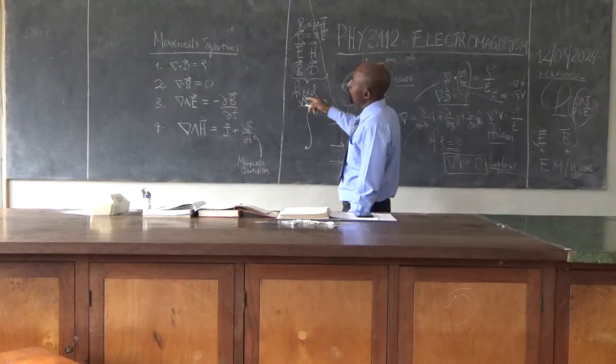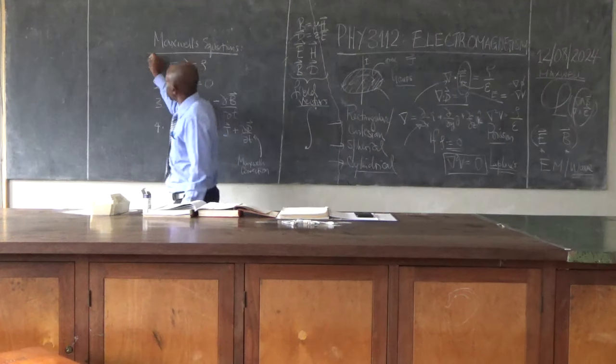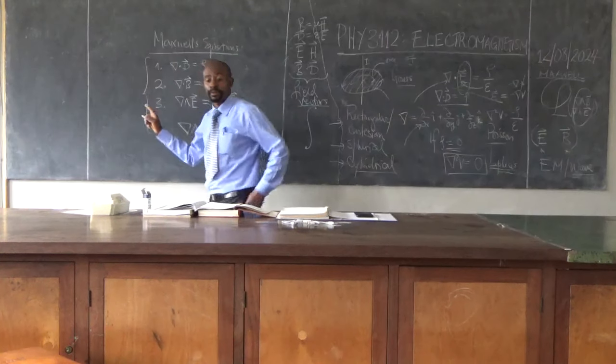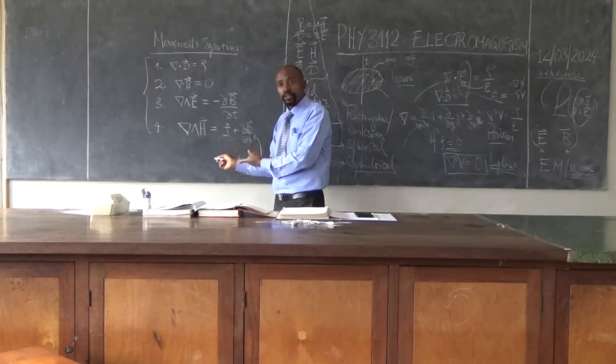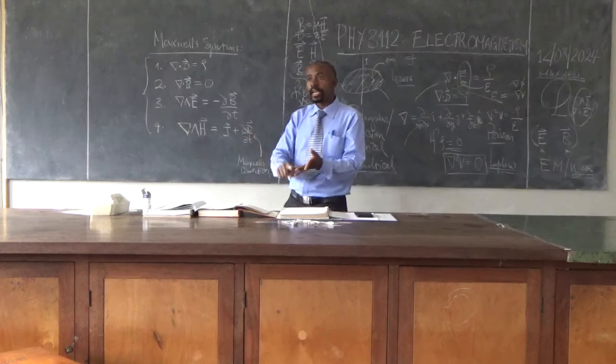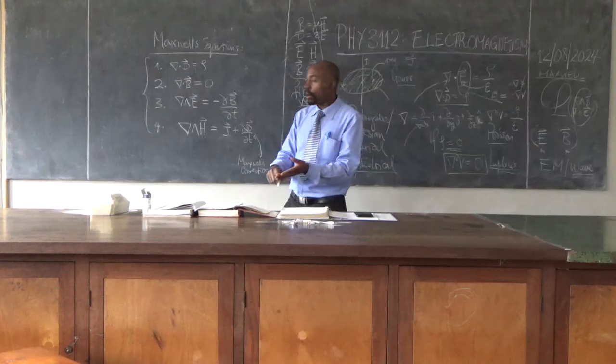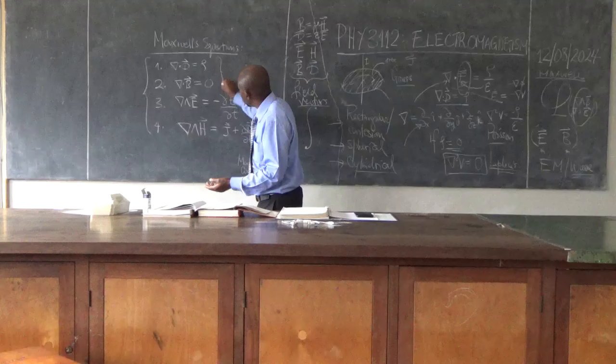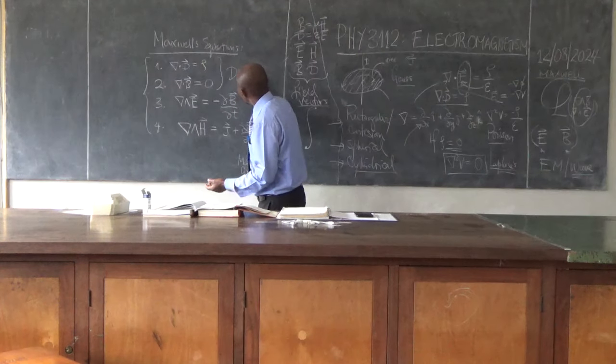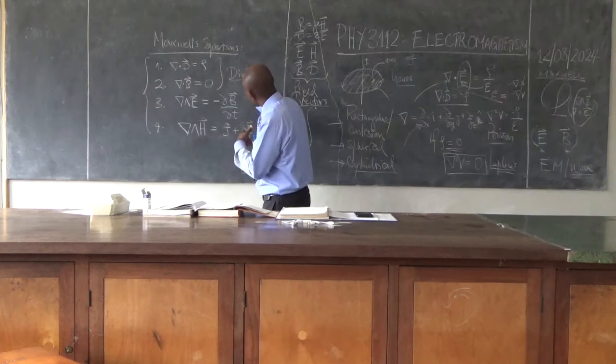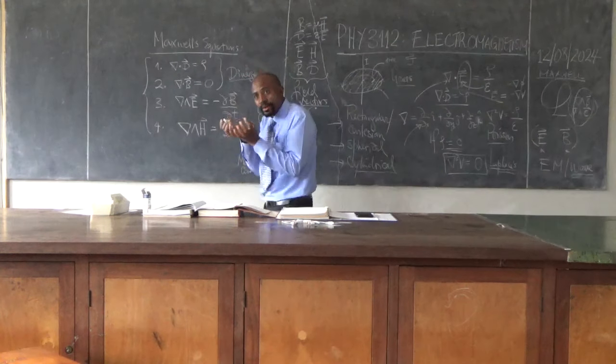Okay, so now we want to make sure that now that we know the relationship between the electric and the magnetic field, and how they are affected by the divergence when we try to diverge them, and also when we try to curl them.